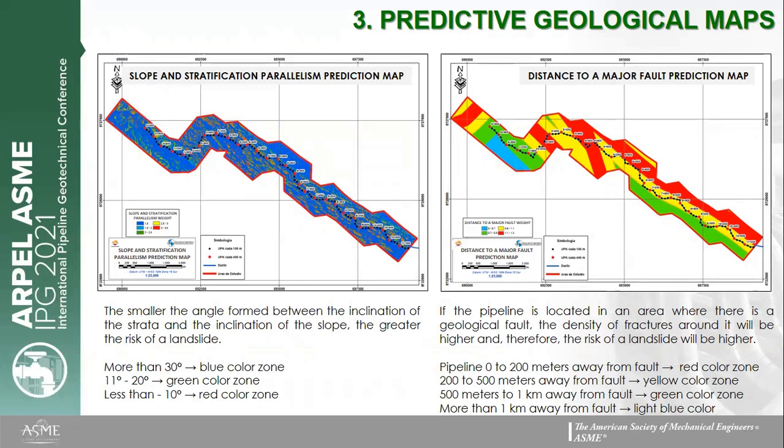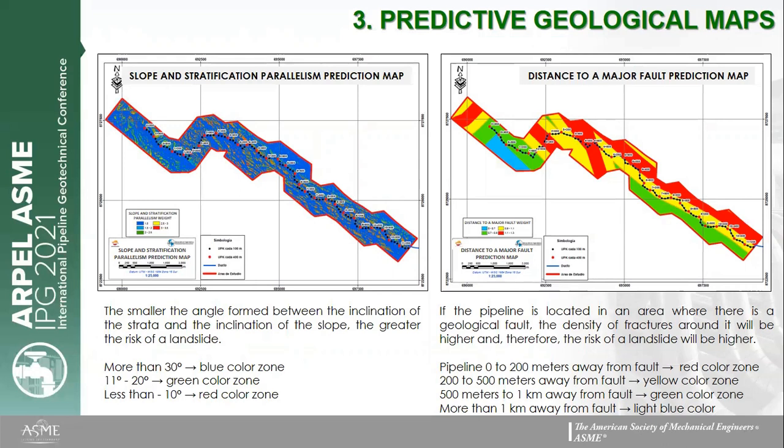And if the angle is less than 10 degrees, they are going to be colored by red, okay? The smaller the angle formed between the inclination of the strata and the inclination of the slope, the greater the risk of a landslide.